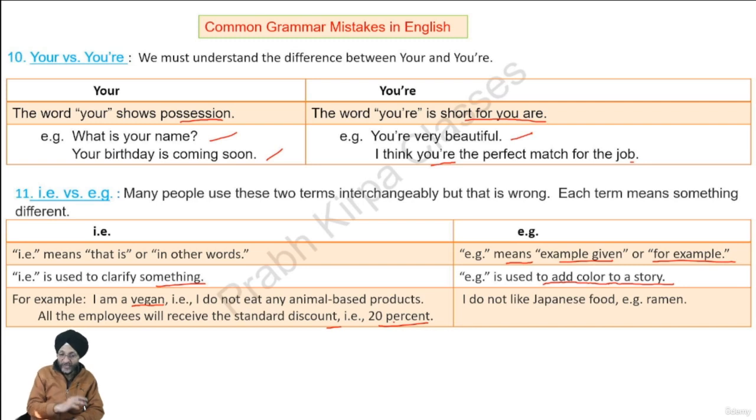Here we are clarifying the extent of discount which will be given to all the employees. In case of, for example, I do not like Japanese food, for example, ramen. Here we are giving the example of a Japanese food which we do not like.